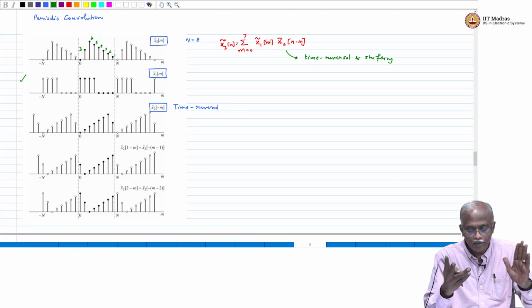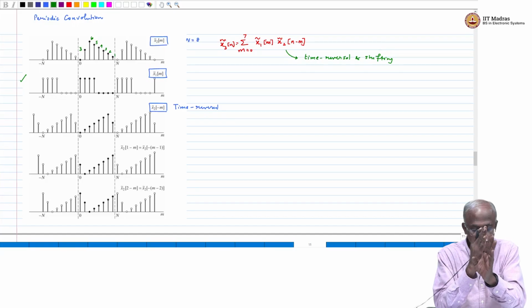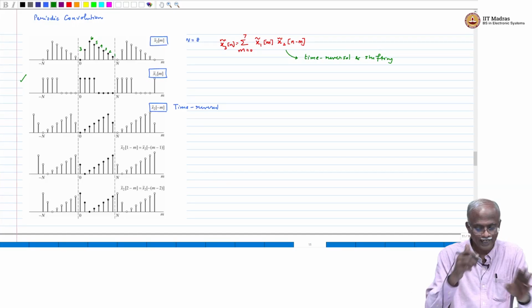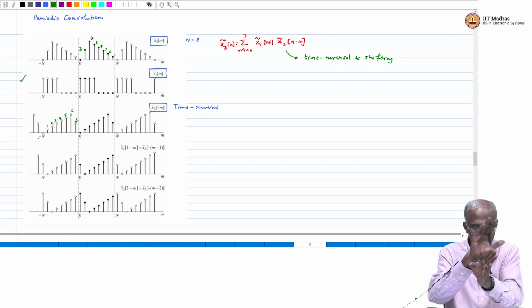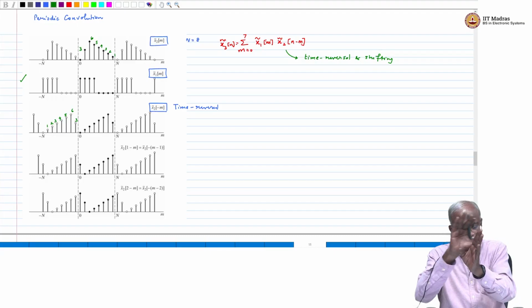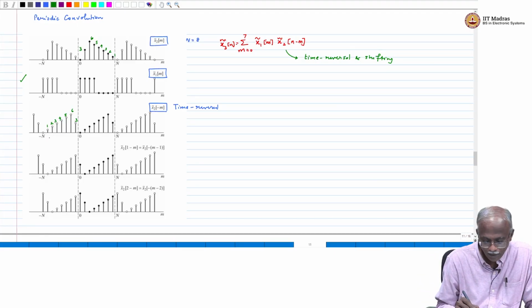Now, time reverse x2 of n. You keep 0 in its current position, everything else goes to the negative. Notice that we now have 3 here, followed by 6, 5, 4, 3, 2, 1. Because it is periodic, the same sequence will repeat itself.